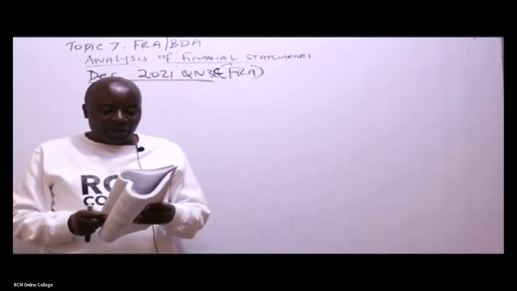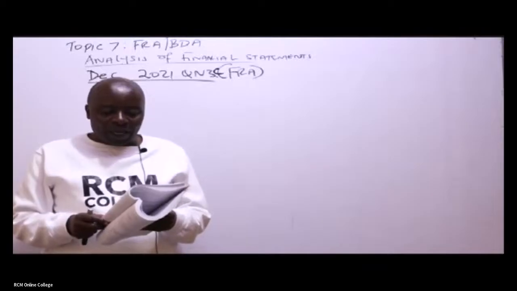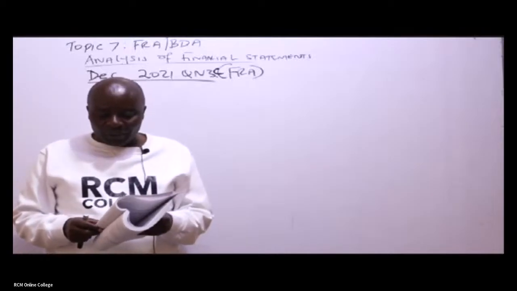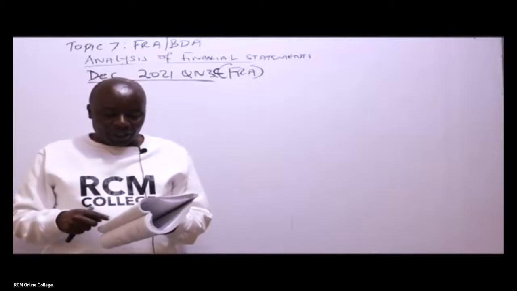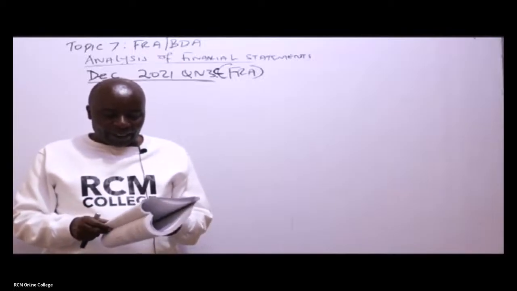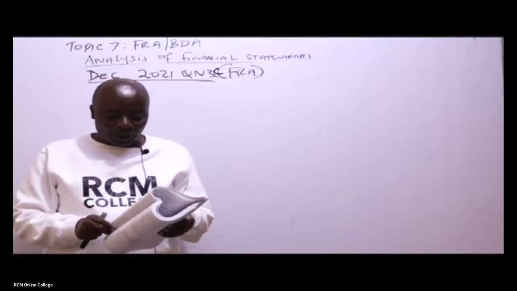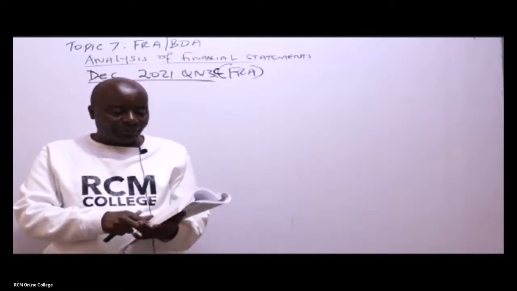We are told here, the following are extracts of financial statements from the books of Zawadi Limited. I can see sales revenue and extracts of the statement of financial position as at 30th April.